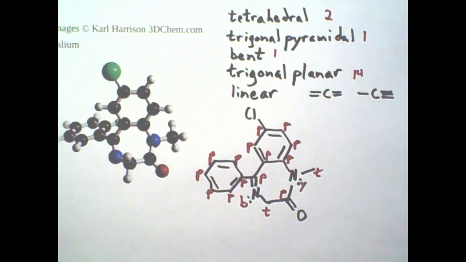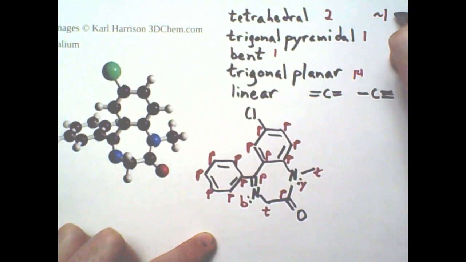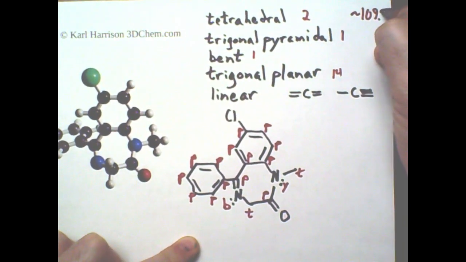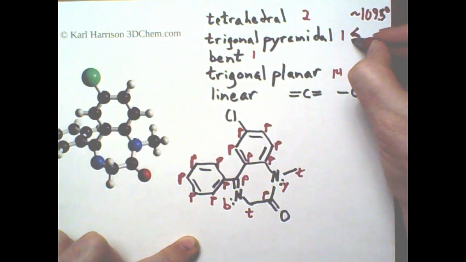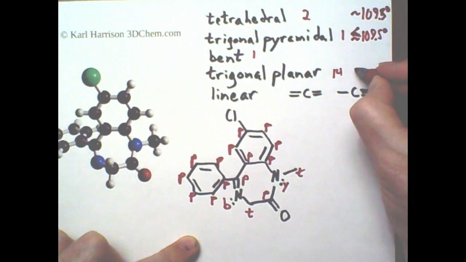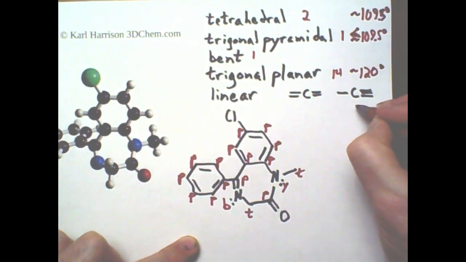We could put angles with them. Tetrahedral is going to be approximately or exactly 109.5 degrees. Trigonal pyramidal is going to be about the same. Well, less than or approximately 109.5. Trigonal planar is going to be approximately 120 degrees or exactly that. Linear will be exactly 180 degrees.